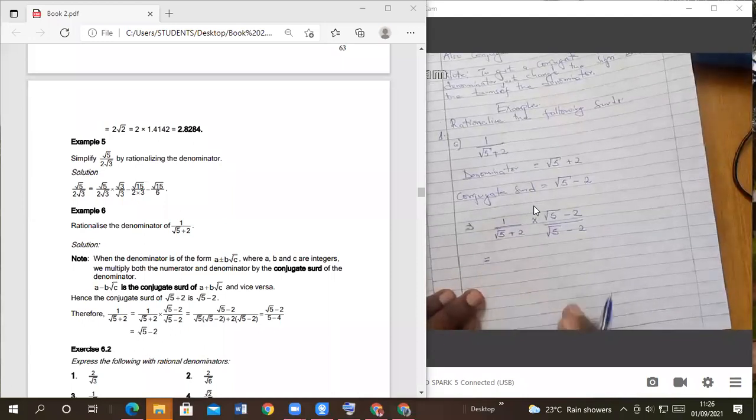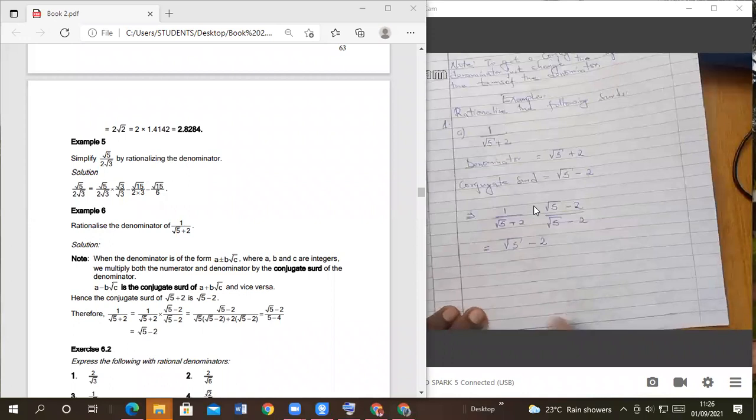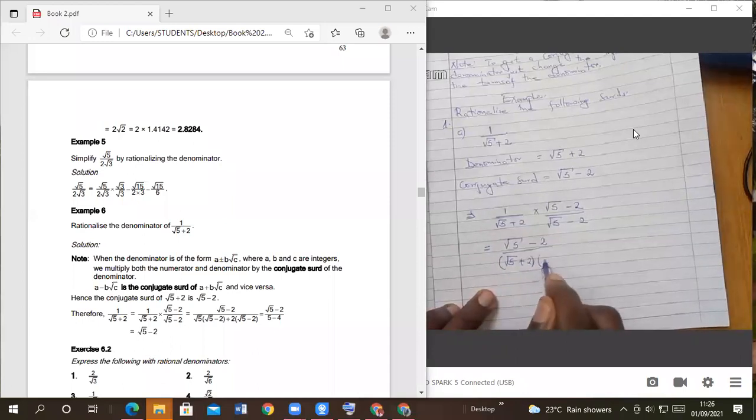Yes. So when we multiply, 1 times that will give us root of 5 minus 2, over, putting them in brackets, root of 5 plus 2 times root of 5 minus 2.